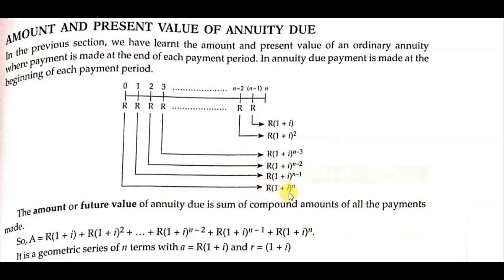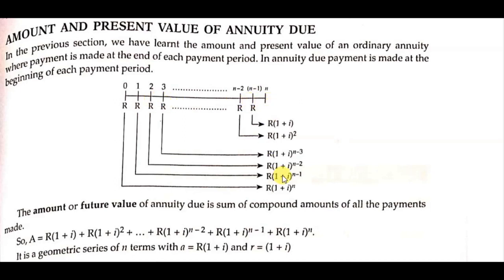Next, for the next month, same starting date. For example, suppose every month you are making payments on the first date. Then the next month's payment will be invested for n minus 1 months.